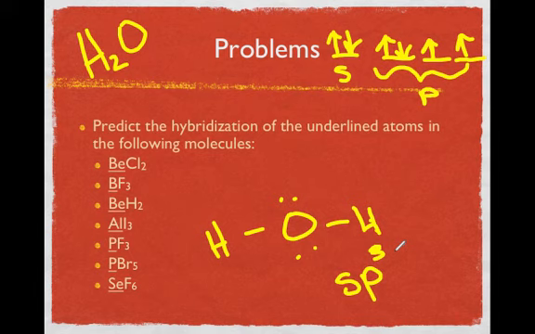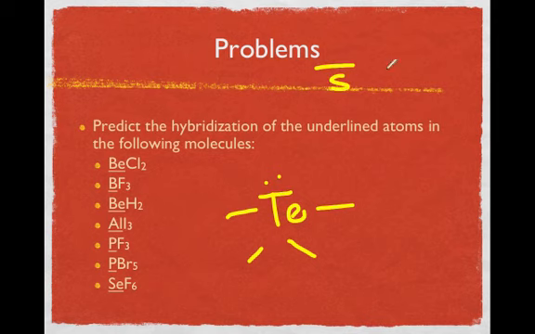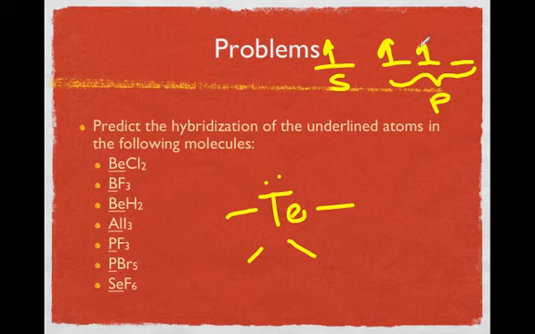So it was like TeF4. I don't know if this is actually a compound, but let's say it looked like this, where it has 4 bonds and then a lone pair also, because tellurium has 6. So it'd be S, 1, 2, 3. So we'd have 1, 2, 3, 4. Now we have 1 lone pair, so we'd only put it here.